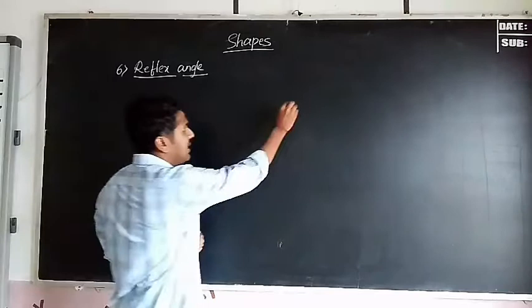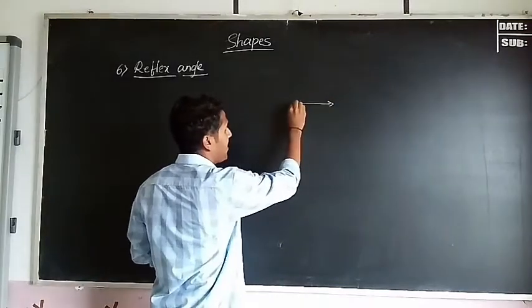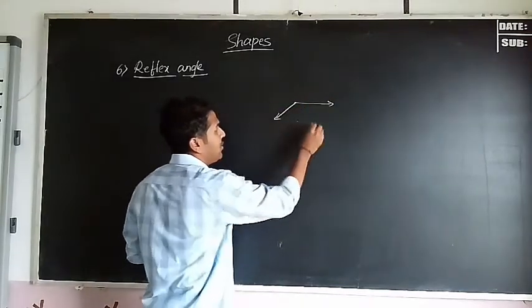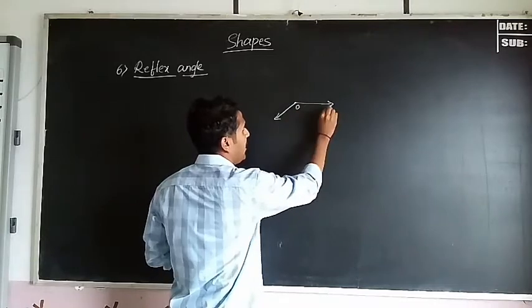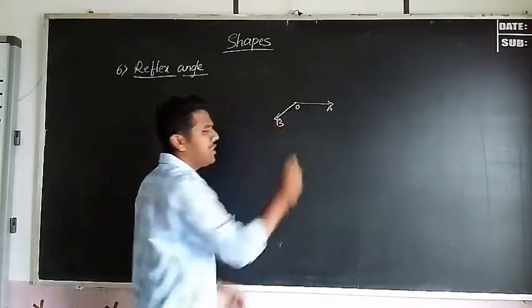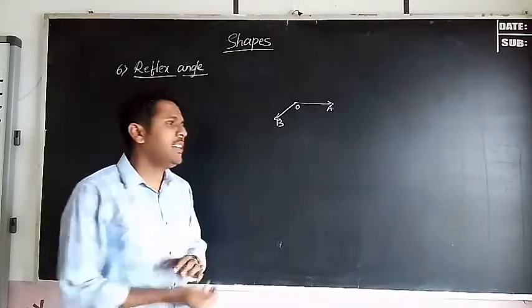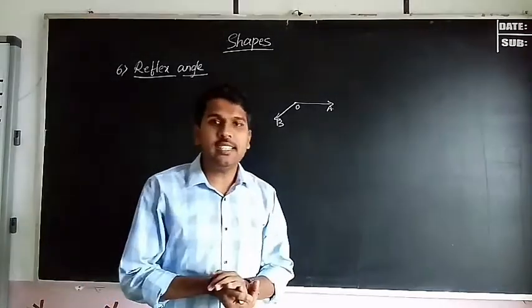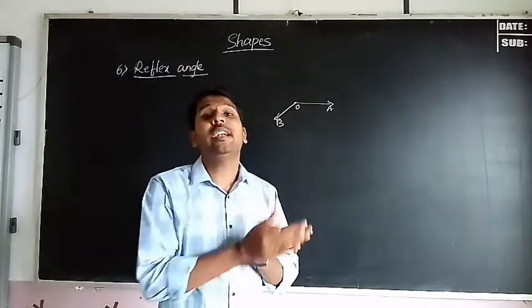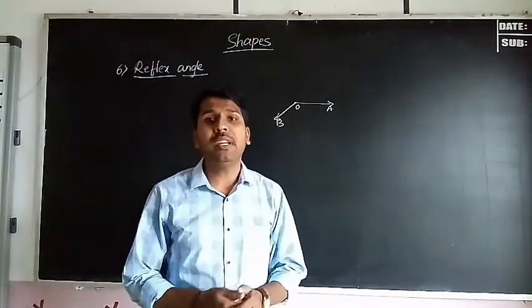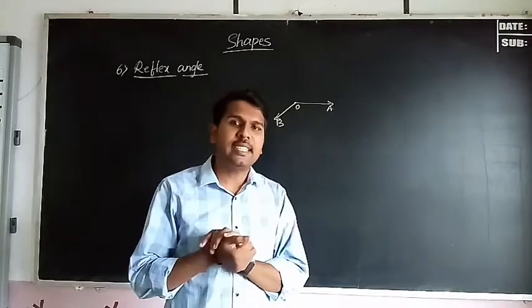First, see this figure. Give it the name O A B. Okay. So where is the reflex angle? The reflex angle definition is the measure of an angle is in between 180 degree and 360 degree.